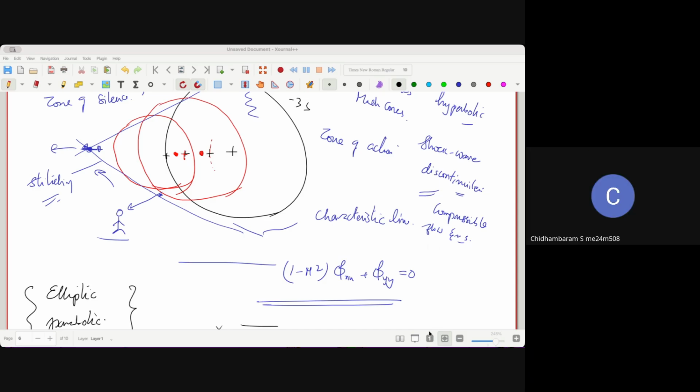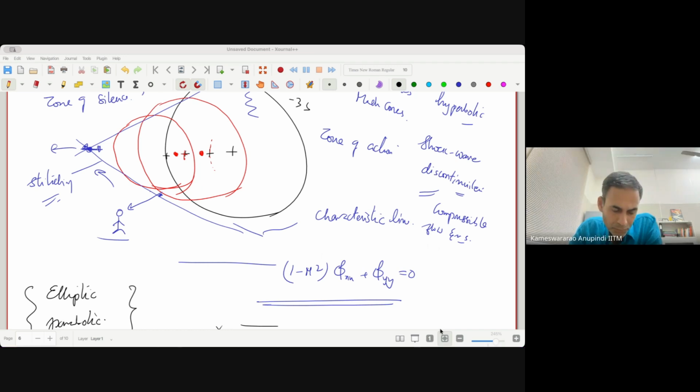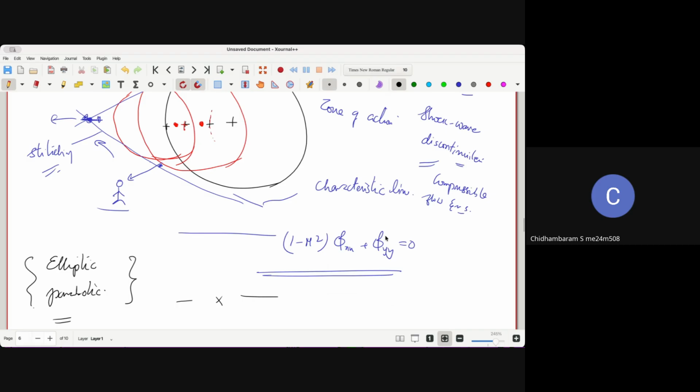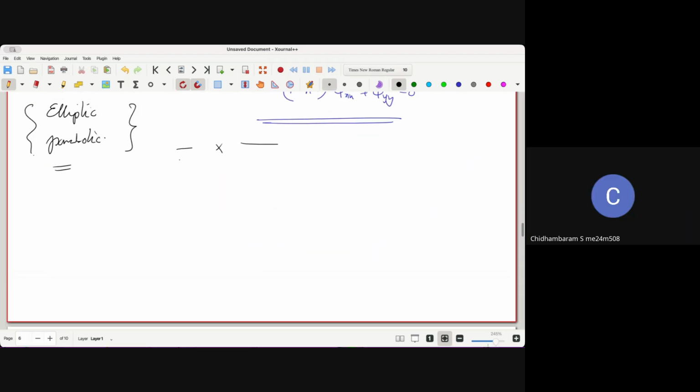Just a general question, sir, maybe an expansion of what Roshan has said. On partial derivatives, like heat conduction, we have the equation with del square u by del x square plus del square u by del y square.